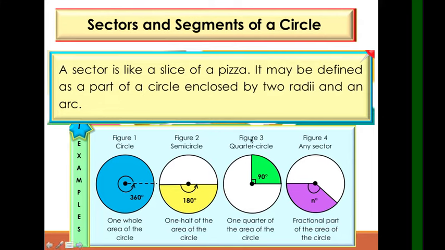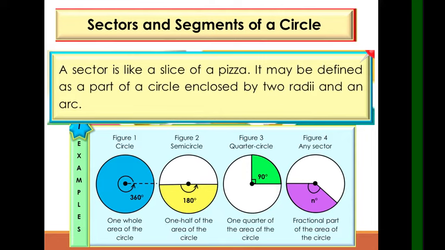So if it looks like this, this one is what we call the sector, yung naka-shaded part, okay? This one is also a sector. This is also a sector, and this is also a whole area of a sector. Figure 1, circle, one whole area of the circle, so it is a sector.